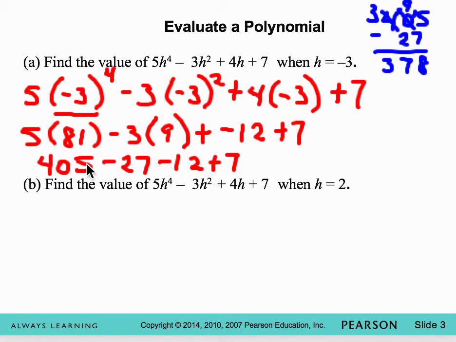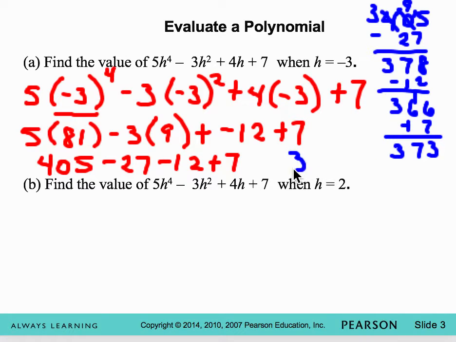Okay, so now we have 378 minus 12. 8 minus 2 is 6, 7 minus 1 is 6, 3, and then plus 7. 6 and 7 is 13, 7, 3. So this is 373 when h is negative 3.